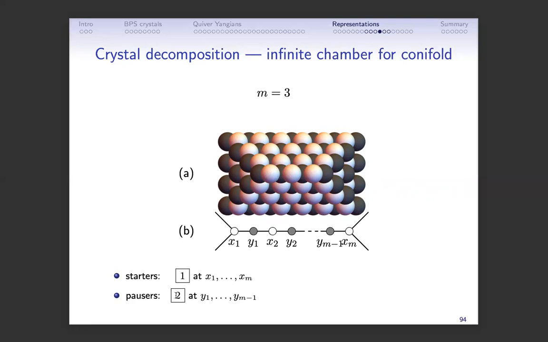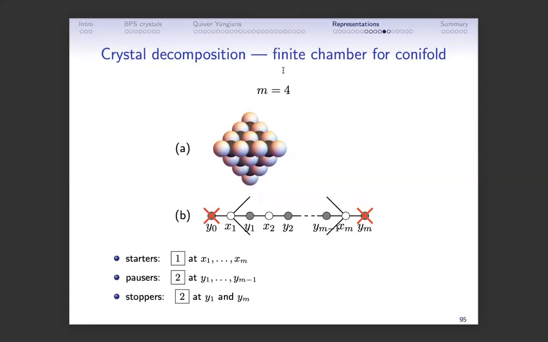That means you need to add some negative crystals starting from these two black atoms here. And then for the finite chamber, you just add some stoppers at these two points to stop the crystal from going along these two directions.